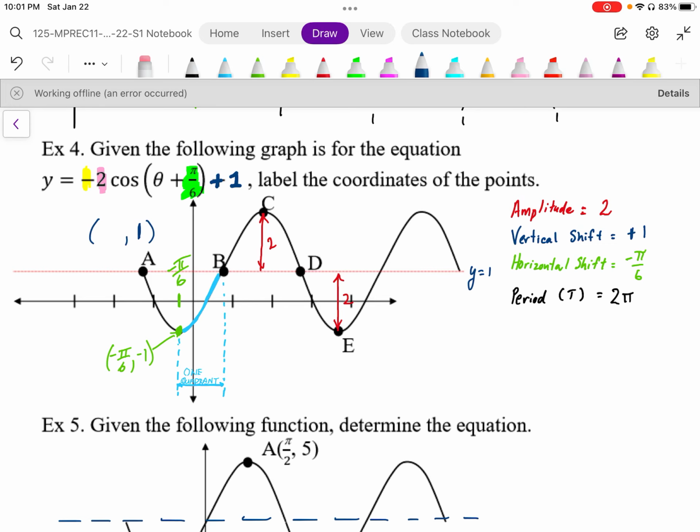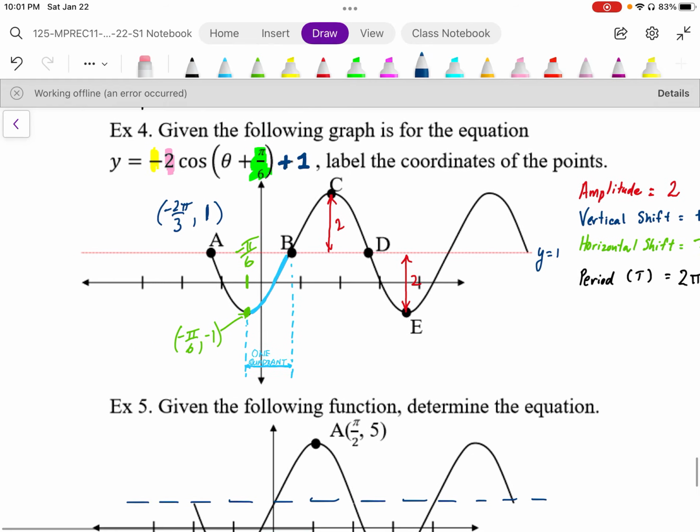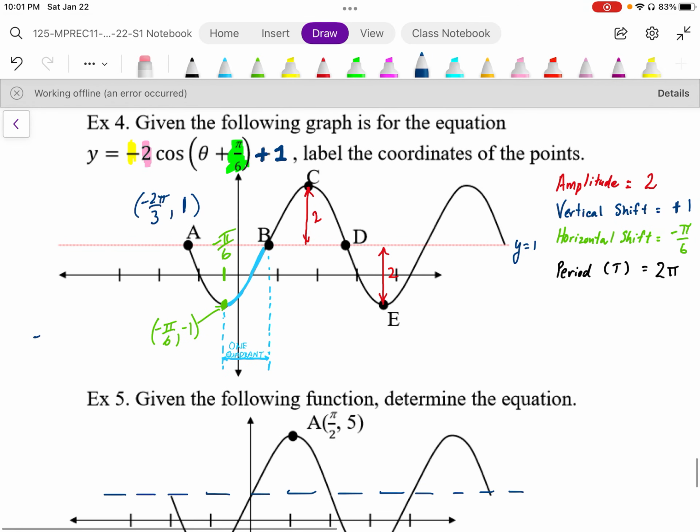And we have to figure out the location of that point. It's going to be one quadrant back. Well, one quadrant represents pi over 2. So if I start at negative pi over 6, I subtract 3 pi over 6, or pi over 2, I end up at negative 4 pi over 6, which I will simplify to negative 2 pi over 3. Just to show the calculation on the side here, I started at negative pi over 6, that's my starting position.